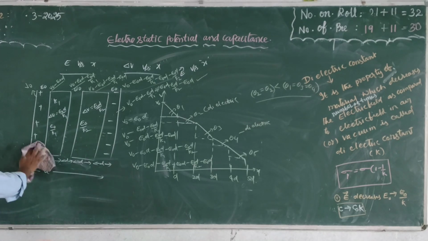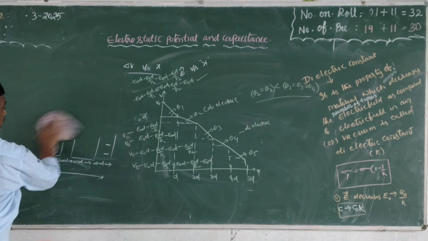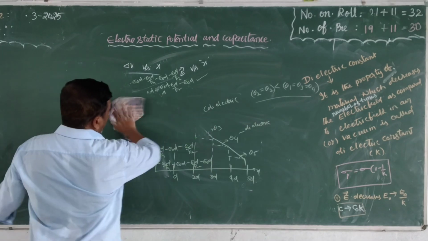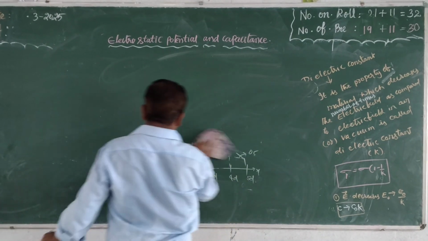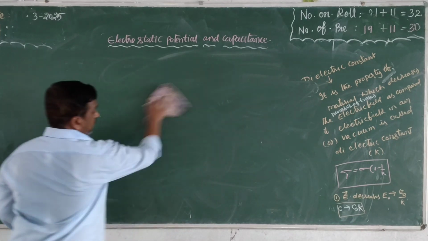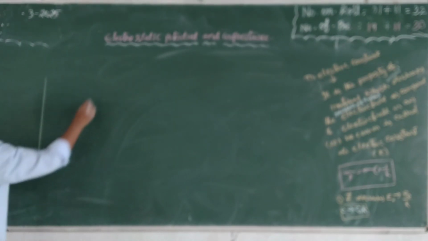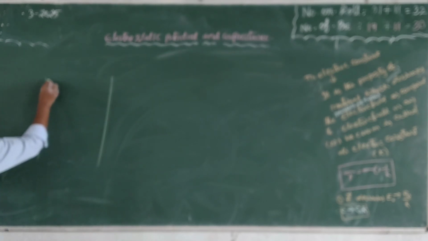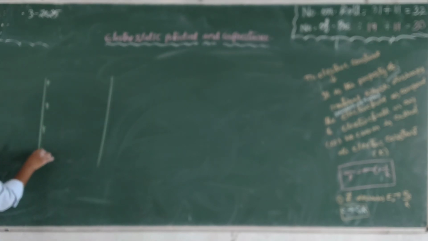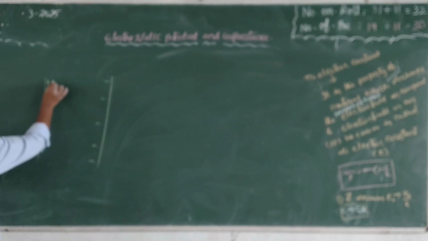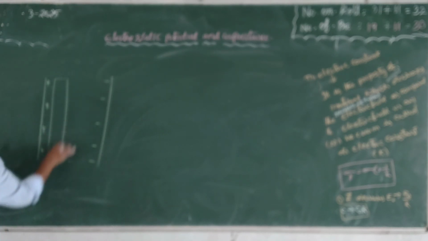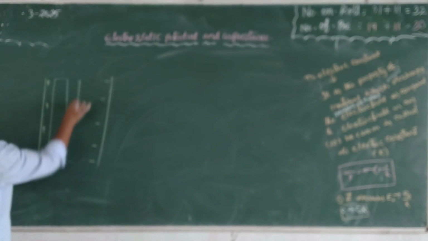For example, see here, when one metal and one dielectric are there, a conductor and a dielectric, in that case, what is the electric field versus x? We can write it here. See, it is the graph: dielectric, plus, minus. This is the dielectric, this is the metal.